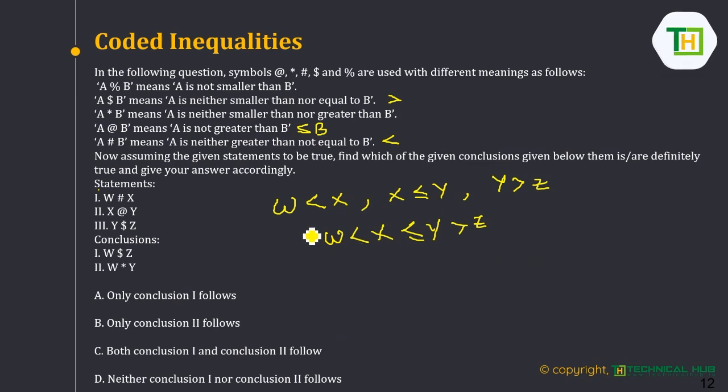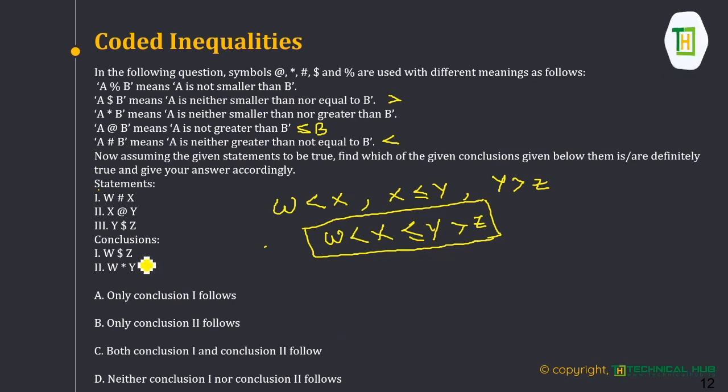So go for the first conclusion, W dollar Z. Dollar means greater than, so the first conclusion is W greater than Z. Is it possible or not? Check it here.